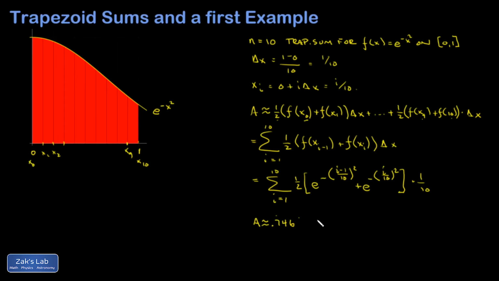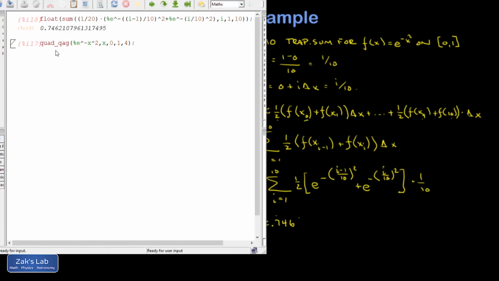The final step I'm going to do here is to check against the built-in numerical integration algorithm in Maxima, and that's called quad_qag. So I've set it up so it says quad_qag of %e to the negative x squared. So it's our original function formula as x goes from 0 to 1. And then I put in the number 4, and that's just my choice of the numerical integration algorithm to apply to this integral.